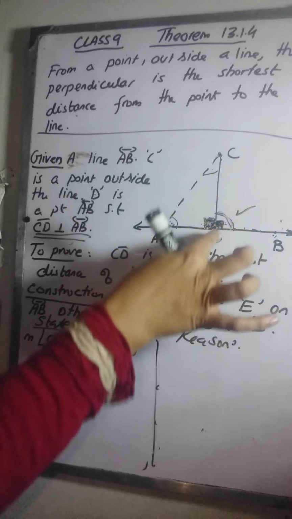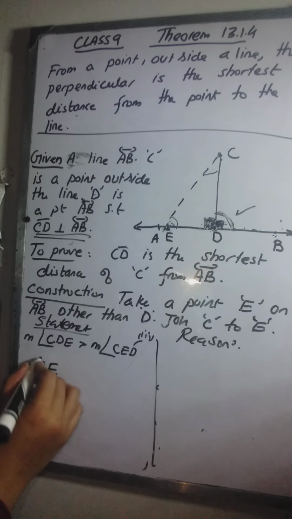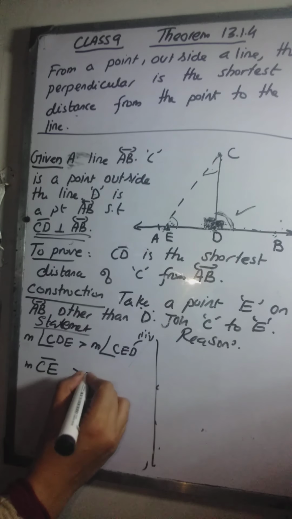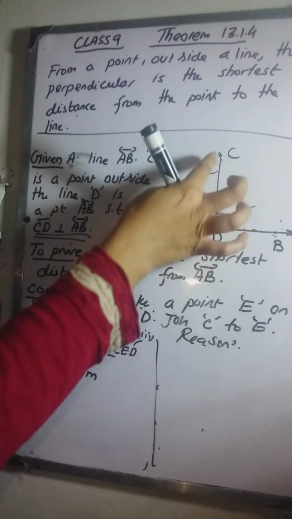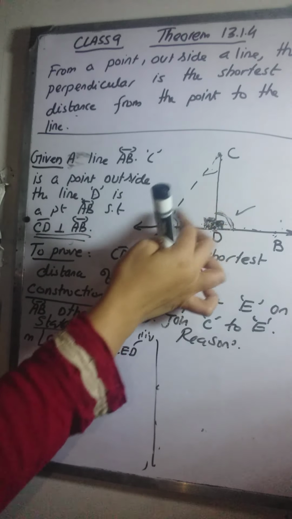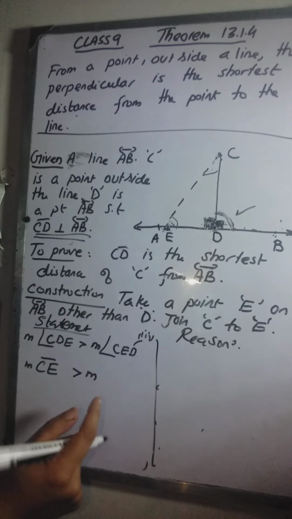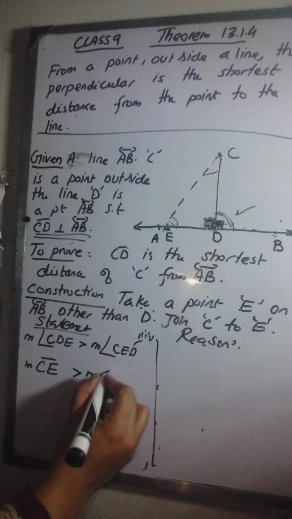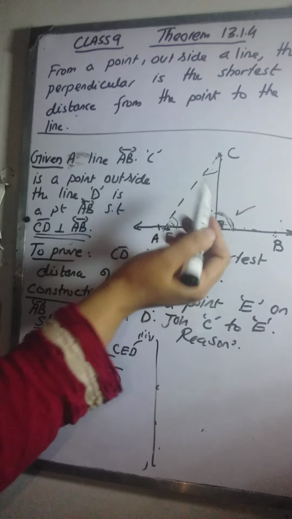Opposite to CDE we have the side CE. Okay, so it means measurement of CE will be greater than measurement of CD, because the side opposite to CED is CD. Okay, this is the side which is opposite to the smaller angle. So CE will be greater than CD.